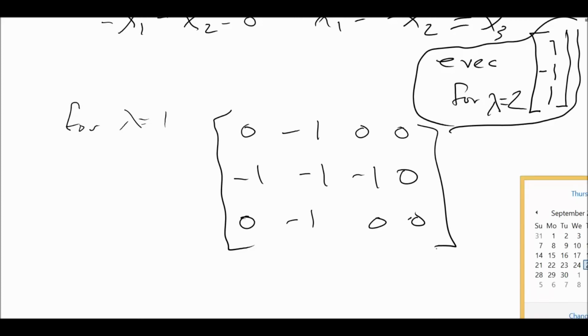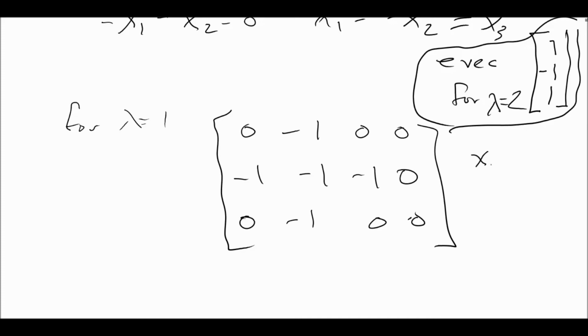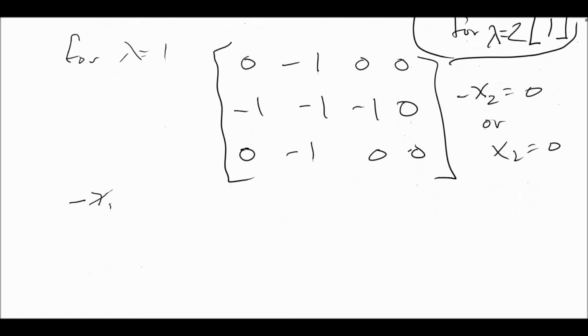We don't actually need to perform any Gaussian elimination. We can tell from inspection that the first equation and the third equation tell us that minus x2 is equal to 0, or x2 must be equal to 0. Now that we know that, we can use equation 2 and say minus x1 minus x2 minus x3 is equal to 0.